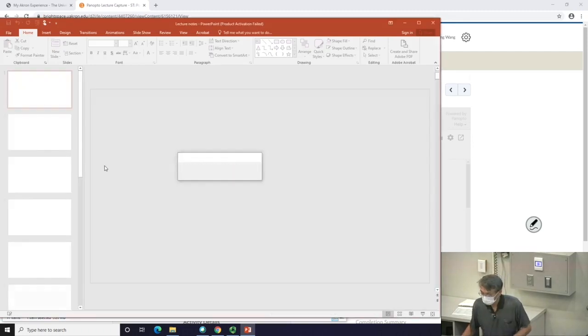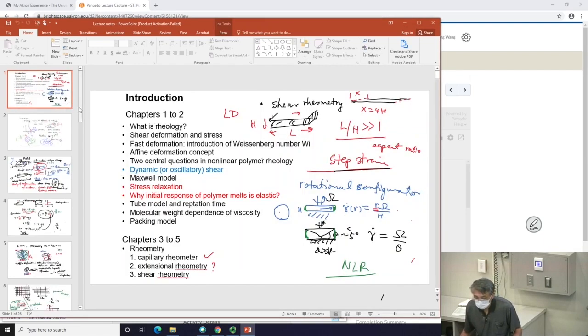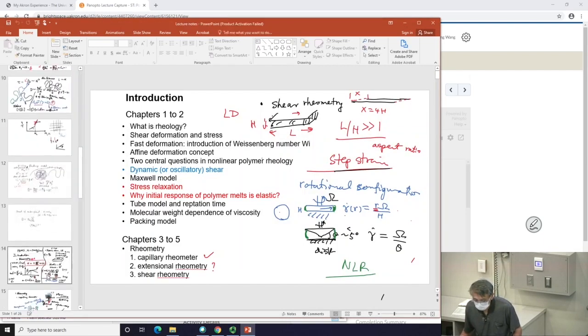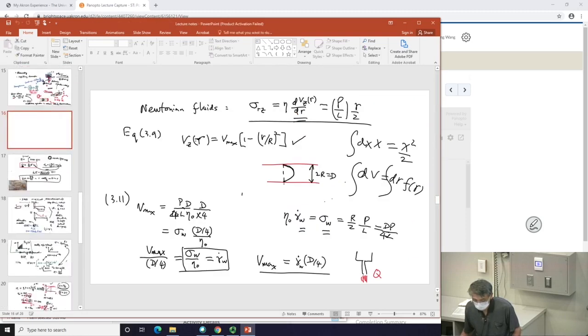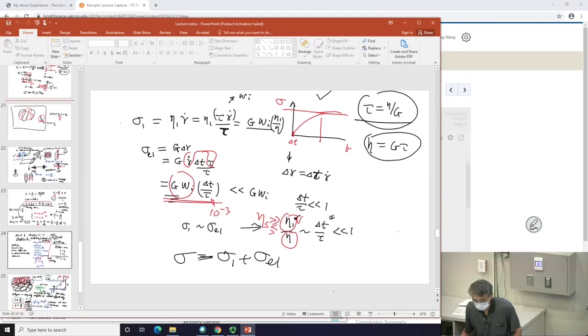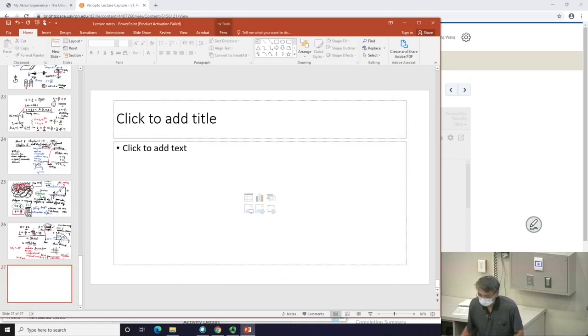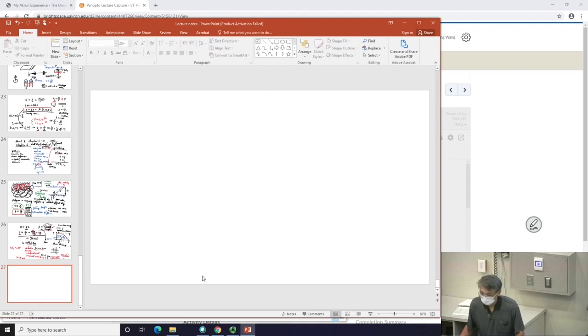Okay, so we are at the beginning of discussing wall slip, and let's continue to get familiarized with the consequence of wall slip.